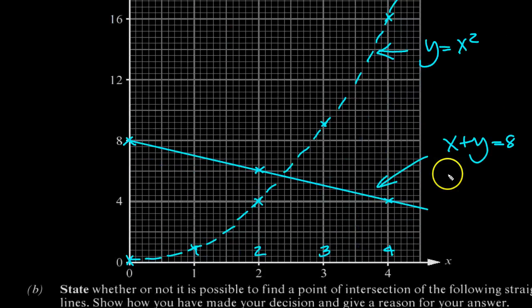So let's mark off our point of intersection, which looks like it's here. So I'm going to mark off that. Let's try and mark it then. It's going to be about here, isn't it? I think. Somewhere like that. And also across here. Somewhere like that, it looks like to me.